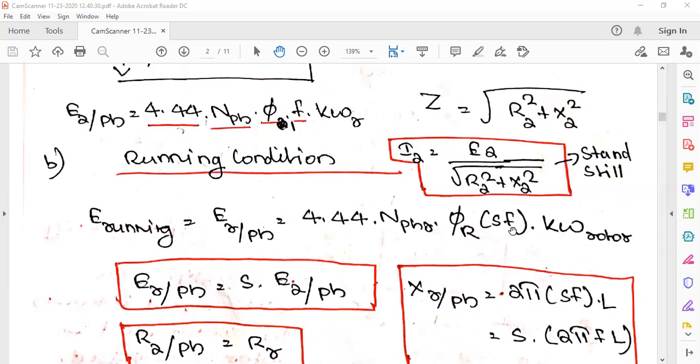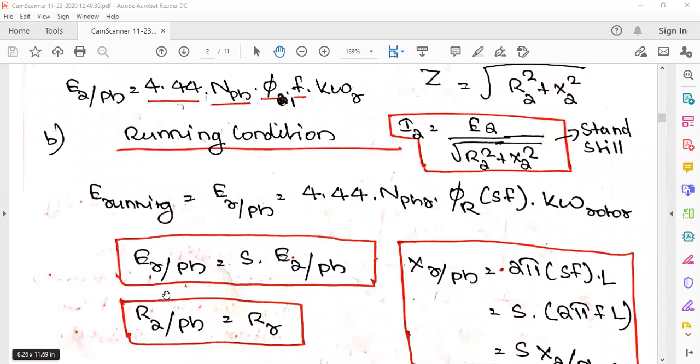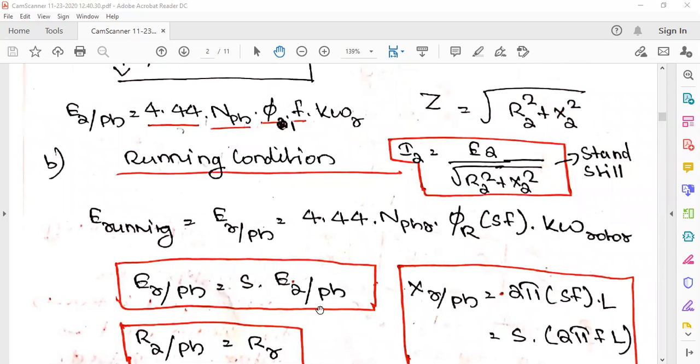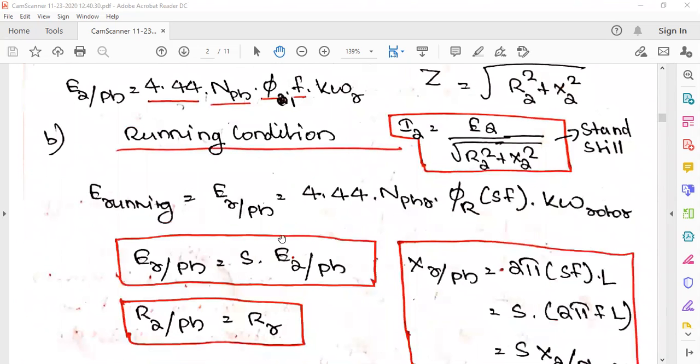That is also not that important for you. Your play lies here: the EMF per phase will be S into E2 per phase. At standstill it was only E2, but in the running condition the slip term will be there.